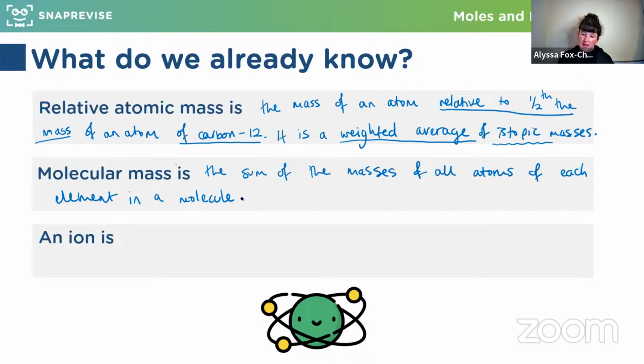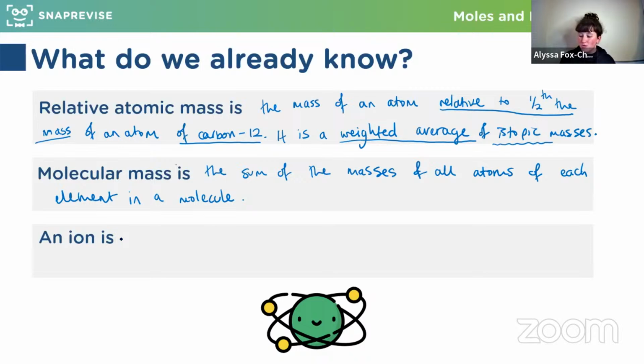And then an ion, quite simply, is anything that is a charged particle that consists of an atom or bigger. You can't call an electron an ion, you can't call a proton an ion, but you could call Na+ an ion. You could also call CO3 2- an ion.